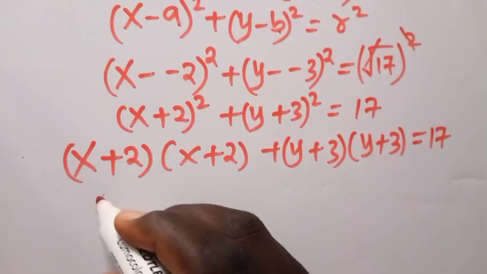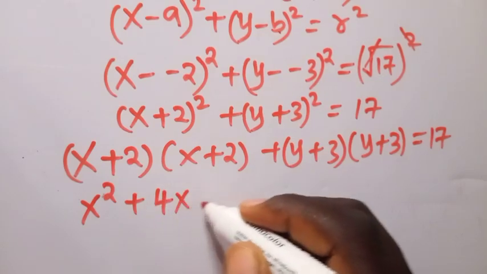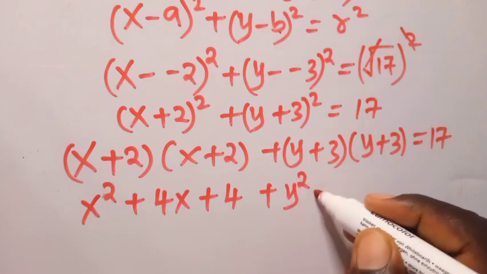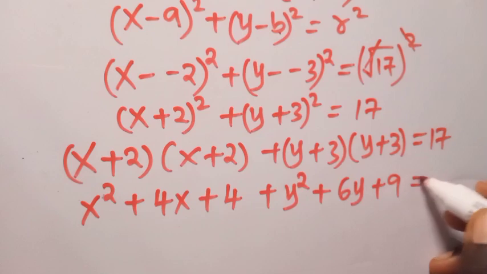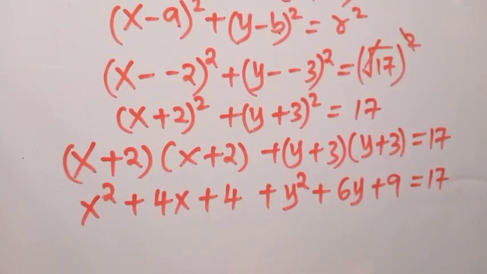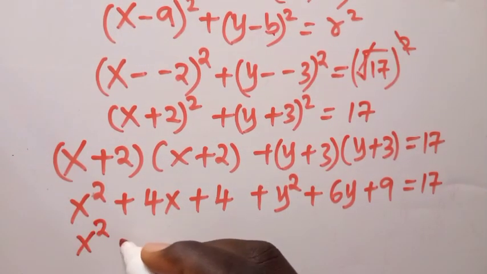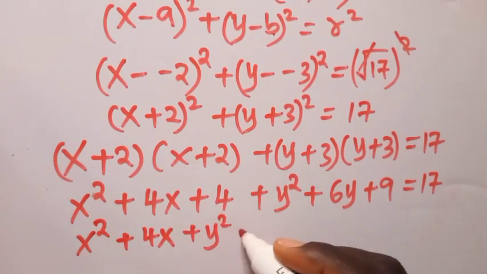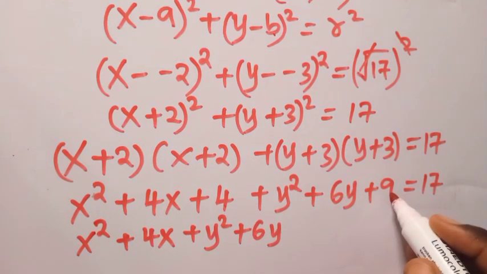From there, we shall expand and we shall obtain x squared plus 4x plus 4 plus y squared plus 6y plus 9 equals 17. Now, if we write it in standard form, then we shall obtain x squared plus 4x, plus y squared plus 6y, then 4 plus 9 is 13.